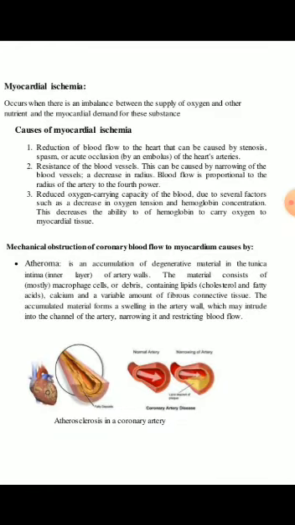There are three layers, and this is the innermost layer of the artery wall, known as the tunica intima. The material consists mostly of macrophage cells, debris containing lipid, cholesterol and fatty acid, calcium, and a variable amount of fibrous connective tissue.